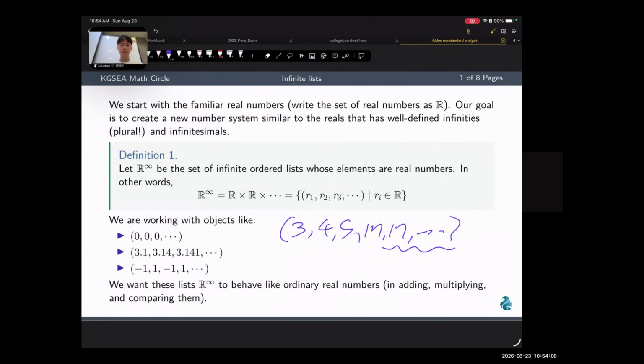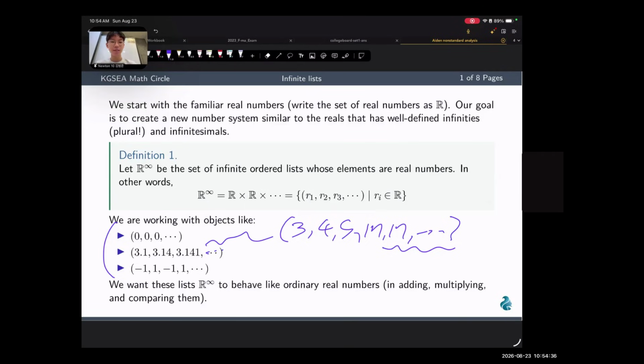They can be negative, fractional, or irrational. Some examples: 0, 0, 0, and so on, where every slot is filled with 0; or 3.1, 3.14, 3.141, and so on. They don't have to follow any rules. They can just be a list of real numbers. But importantly, they have to be infinite. We're not going to deal with finite lists.